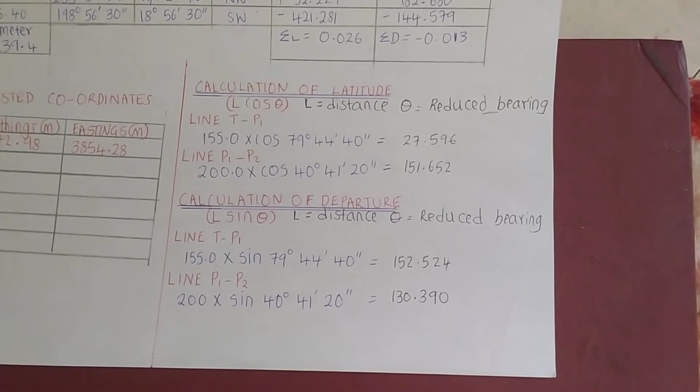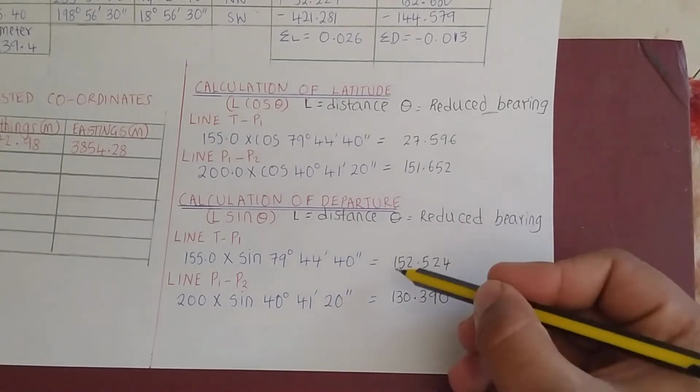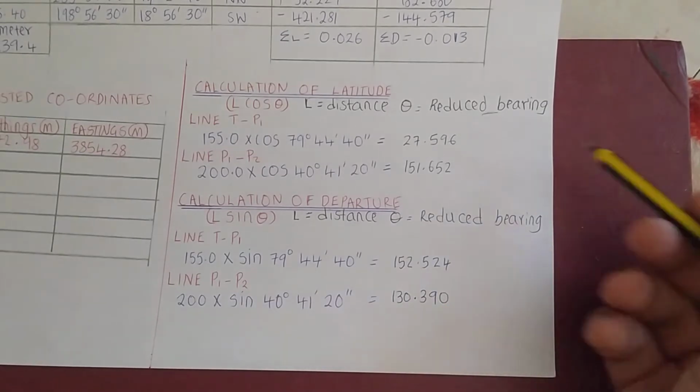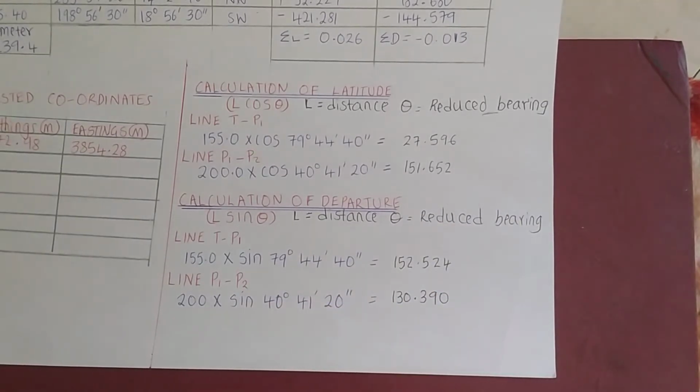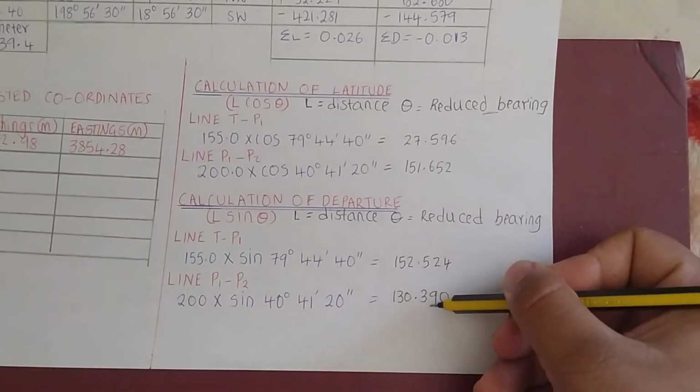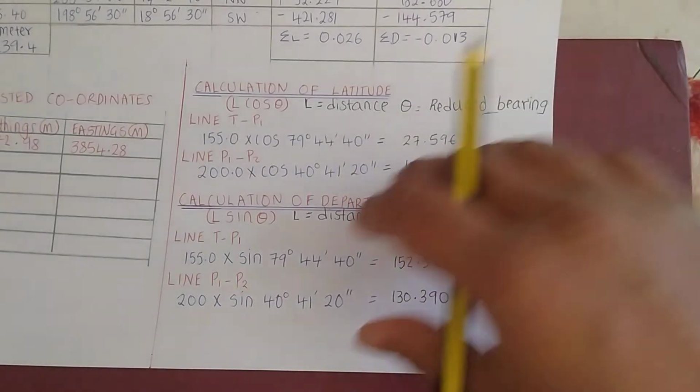For the first line TP1, our distance was 155 times sin of the reduced bearing, 79 degrees 49 minutes and 40 seconds, and I got 152.524. For line P1P2, it is 200 times sine of the reduced bearing, 40 degrees 41 minutes and 20 seconds, and I got 130.390.